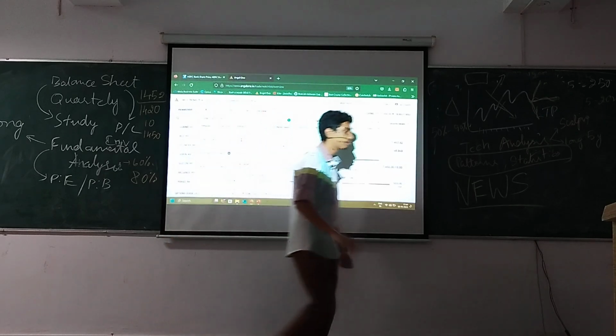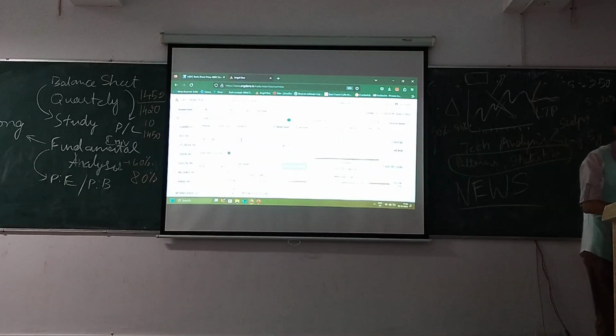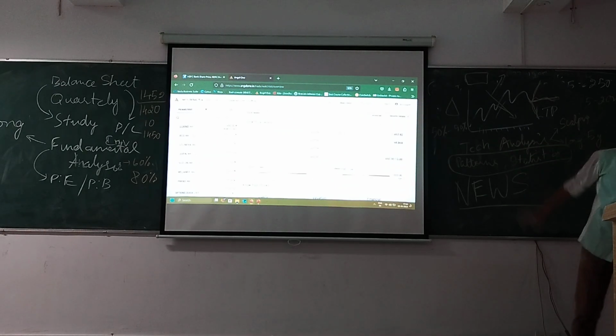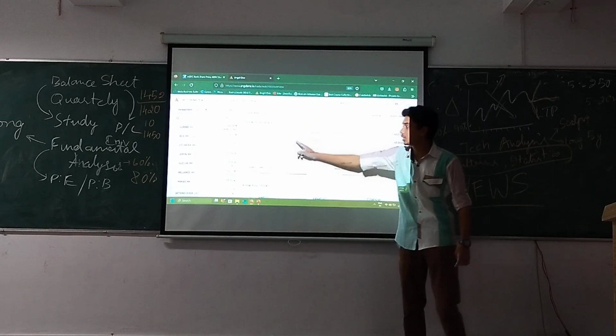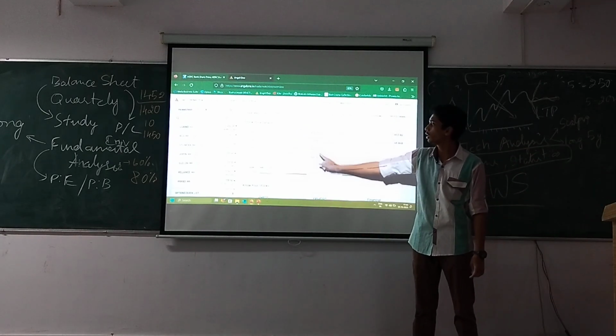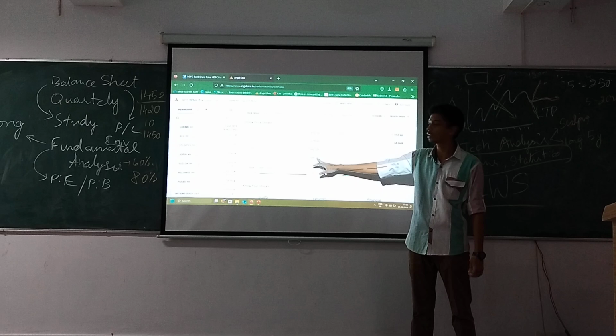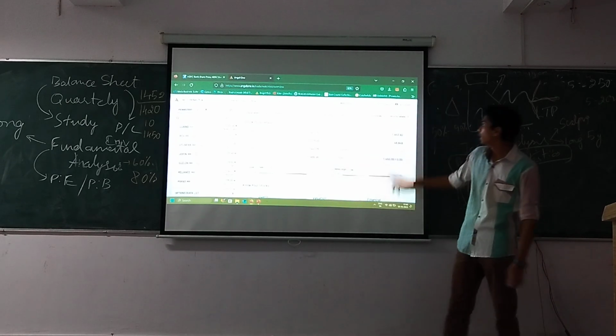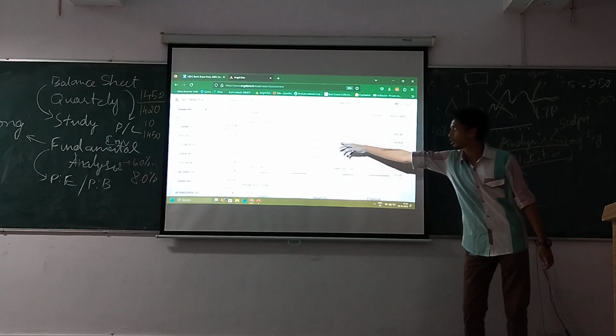Apart from this, you can look at this chart. This will show you the OHLC. What was the open, high, low, close? If the market is still running, this close will be the previous day's close. If the market is closed, this will be today's close. It will show you the average price, which is not required.